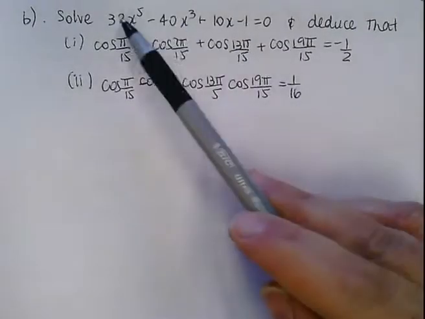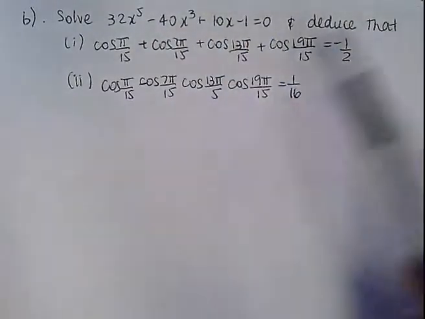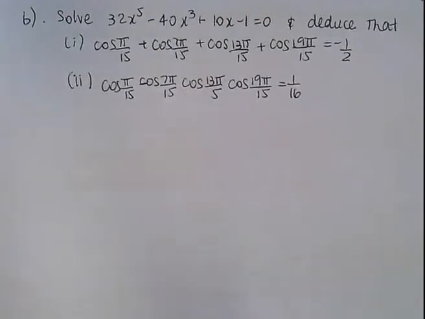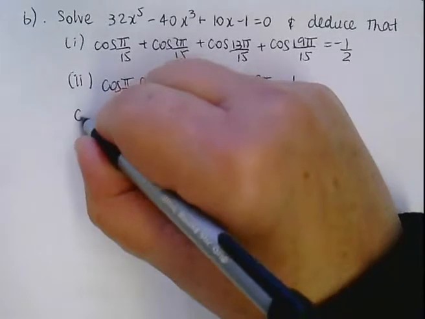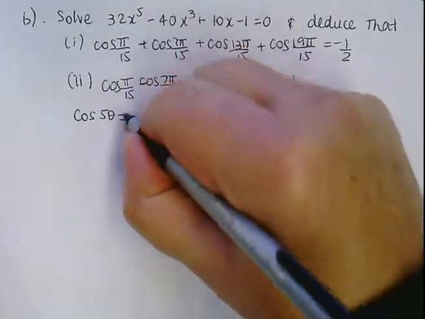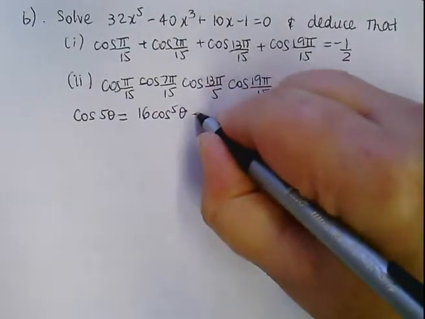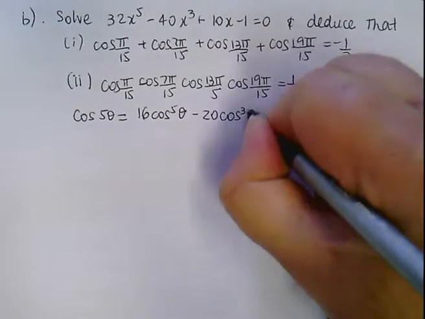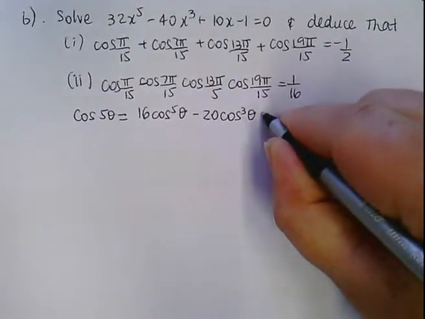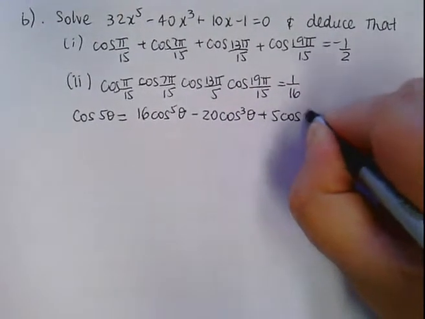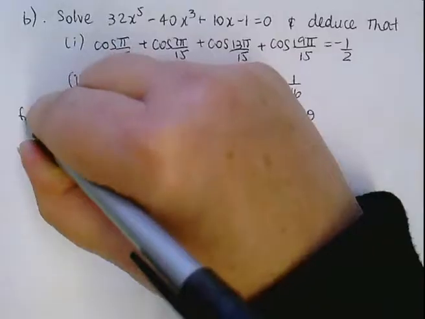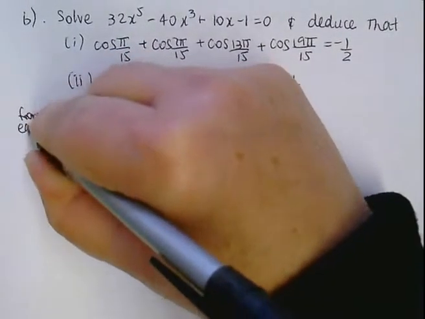Solve 32x to the power of 5 minus 40x cubed plus 10x minus 1 equals 0, and deduce these two statements. Okay, now we know from earlier parts that cos of 5θ equals 16 cos to the power of 5 θ minus 20 cos cubed θ plus 5 cos θ.